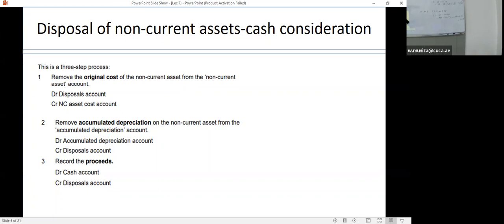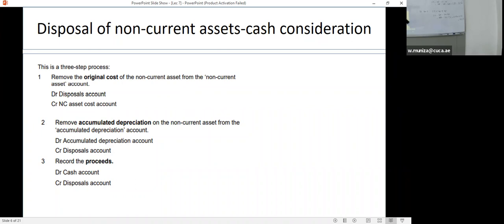What is the normal balance of accumulated depreciation? It's credit. When we are going to de-recognize, we are going to debit it. So in order to de-recognize accumulated depreciation, we are going to debit the accumulated depreciation account and we are going to credit the disposal account.